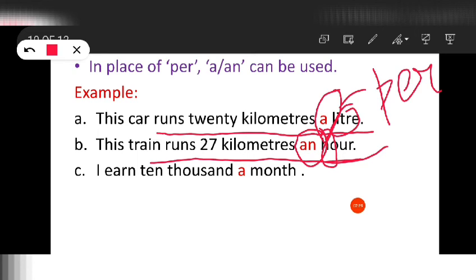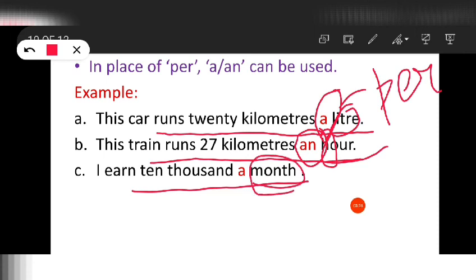I earn 10,000 a month. Okay, so this is somebody's salary, the earnings of a particular person. If you're talking about per month, like what on an average do you earn, that's per month. So for that, you can use an article, either a or an, depending on the word that's coming after it.